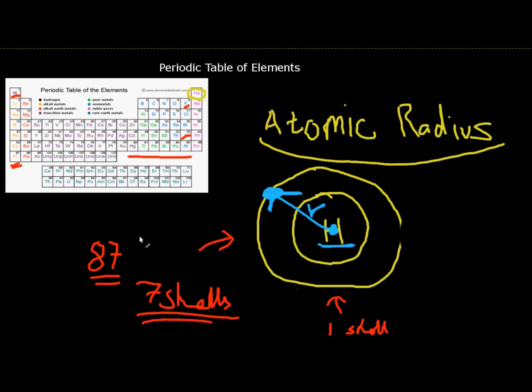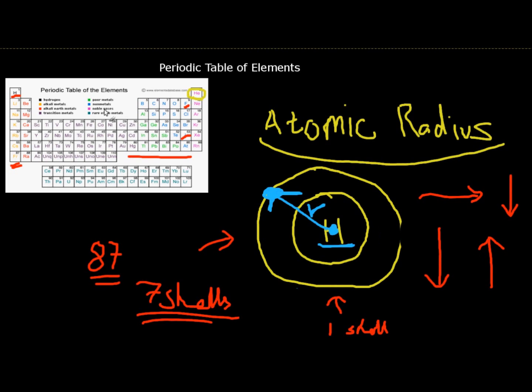So from this discussion we can see that across a period, atomic radius decreases, and down a group it increases. On this topic you're going to be asked very basic questions.